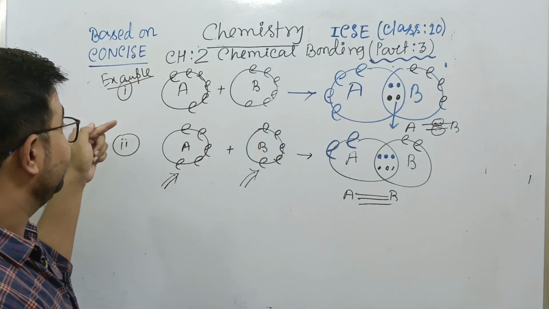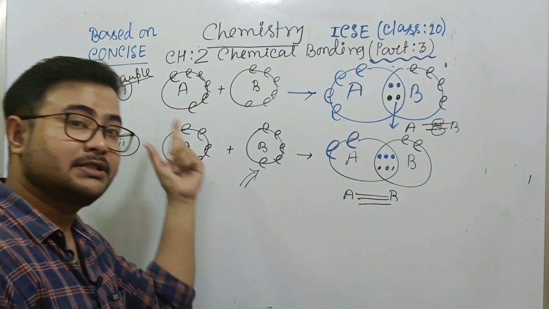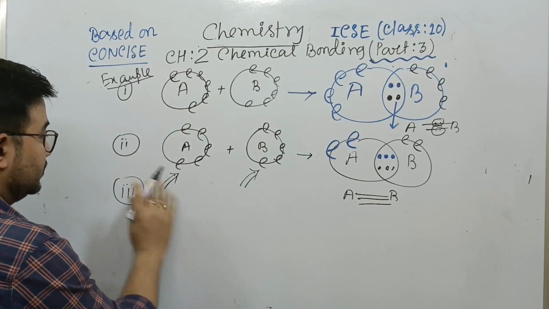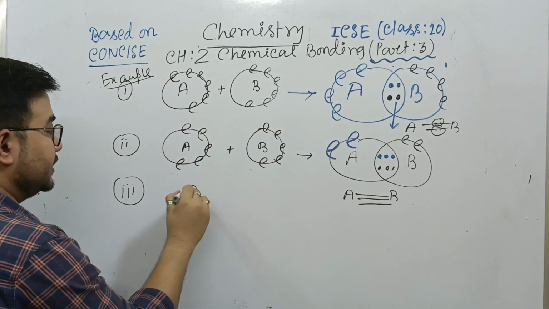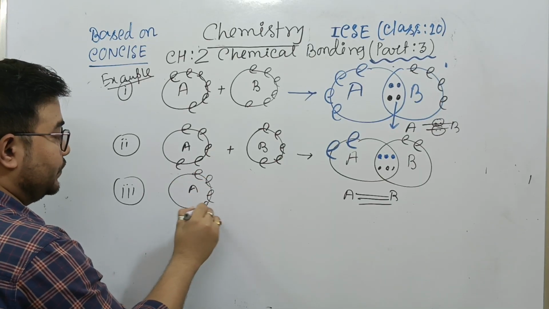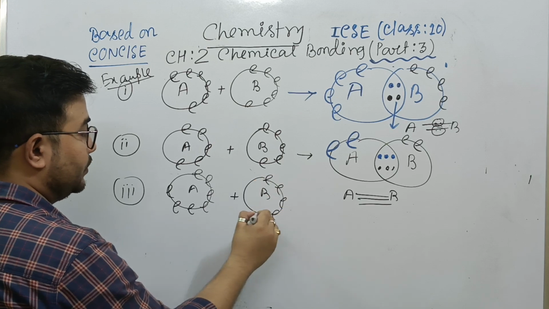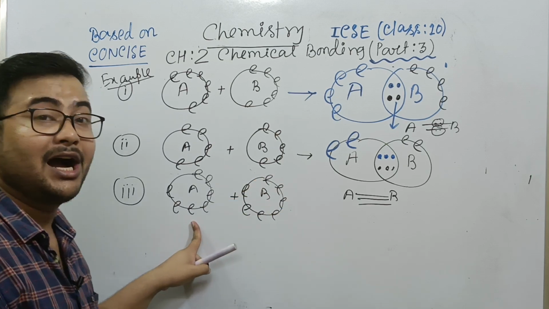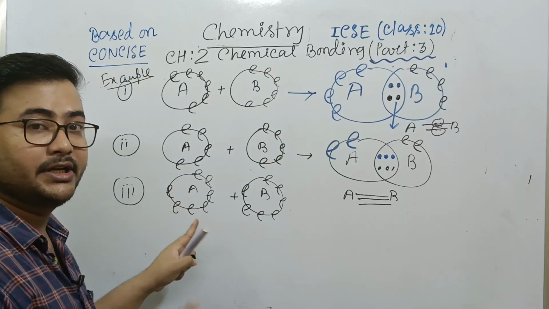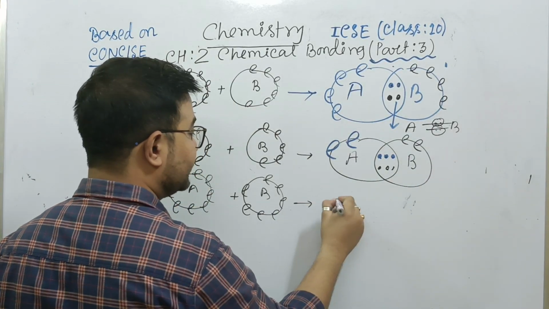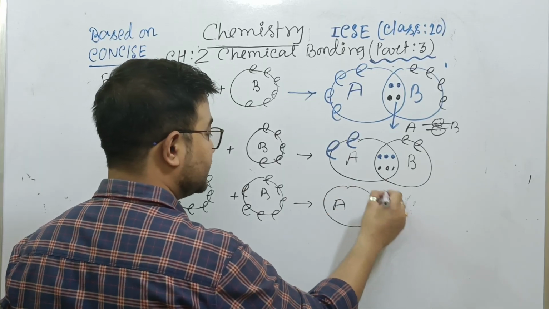Now that example in the first slide, that is the first case. In the first case, how many electrons were present? 1, 2, 3, 4, 5, 6, 7. In case of B, 1, 2, 3, 4, 5, 6, 7. So they need how many electrons to fill up the octet? 1. So instead of accepting, they will try to create a common space.